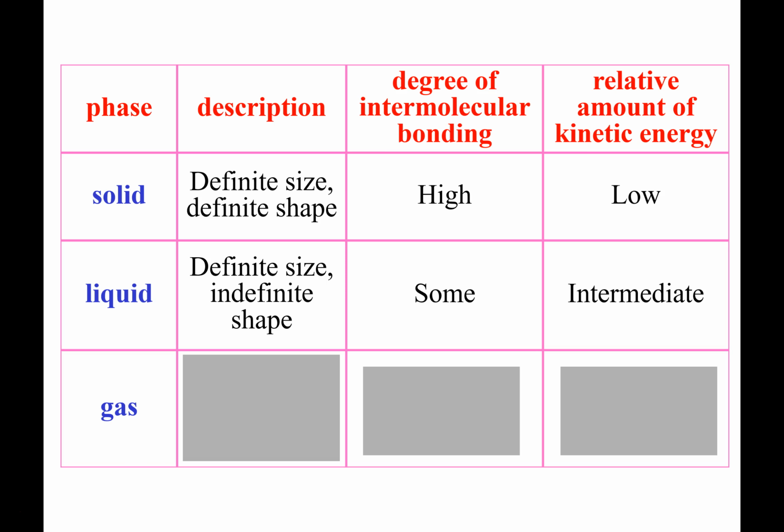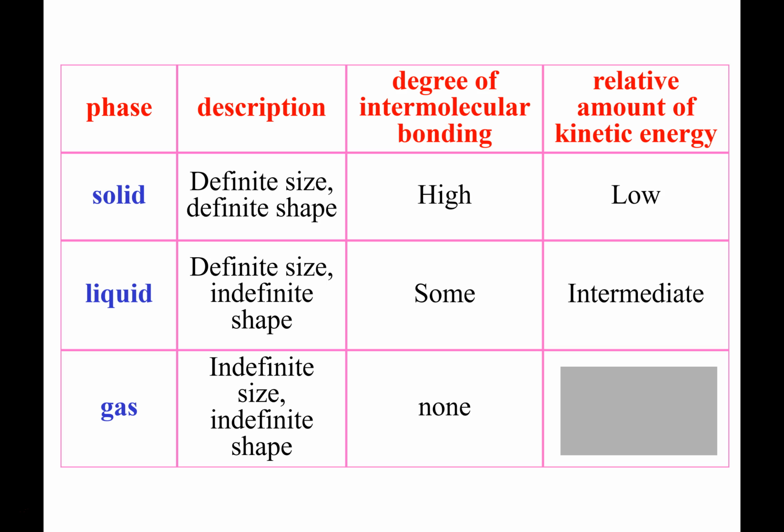Gases are my favorite. In Unit 5 we're going to talk more about gases. Gases take on the shape and the volume of their container. They basically have no intermolecular bonds, and they have the highest degree of motion, so kinetic energy.